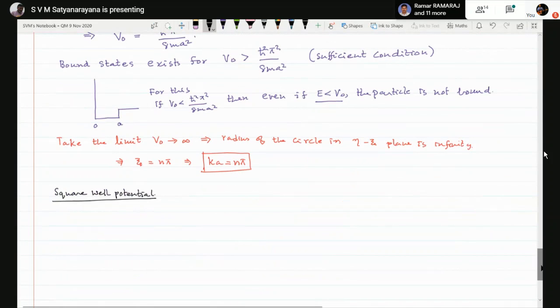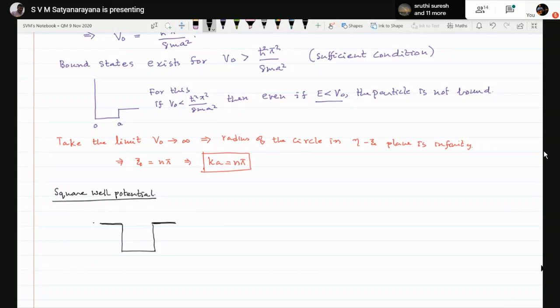Now, if you look at the square well potential, supposing I have both sides, let's say this is 0. Or you could have simply taken this as V naught here and V naught here.